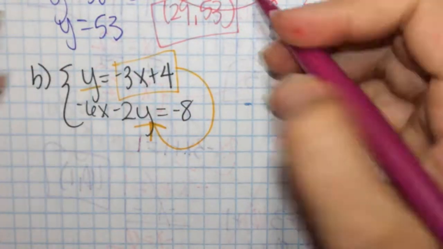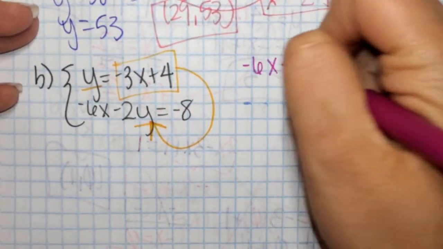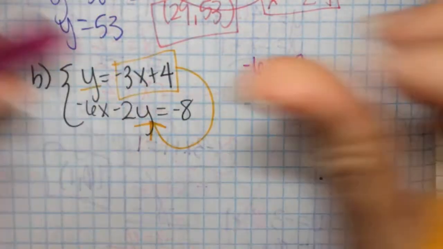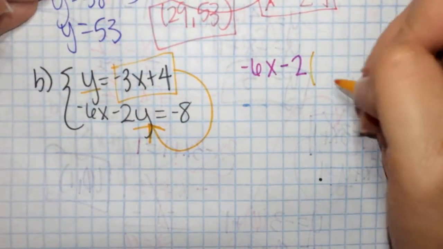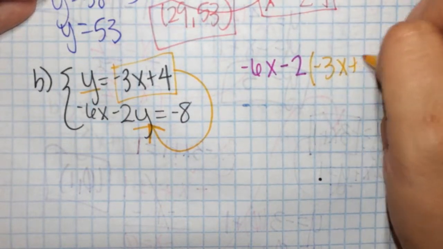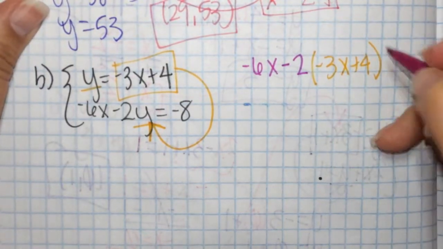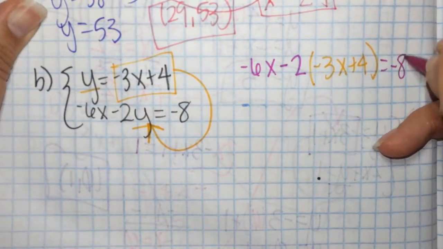Everybody needs to pay close attention because it's some magic. Alright, negative 6x minus 2. Now what does Y equal? Negative 3x plus 4. Equals negative 8.